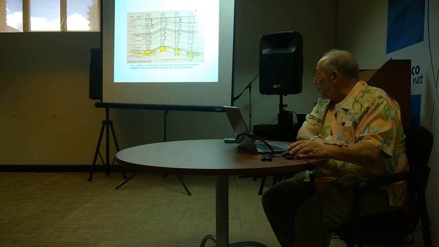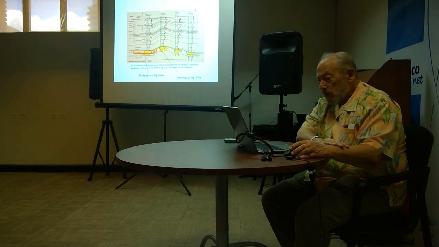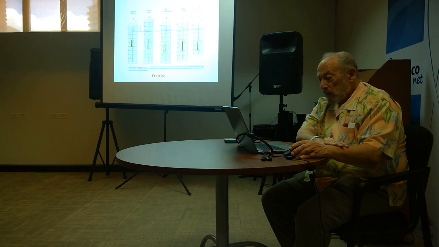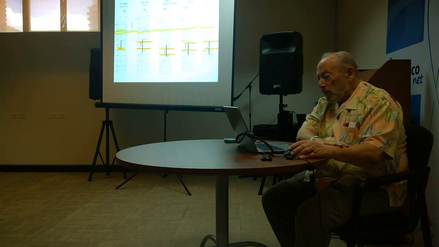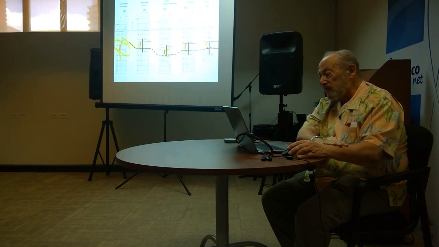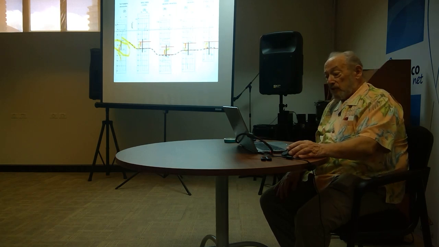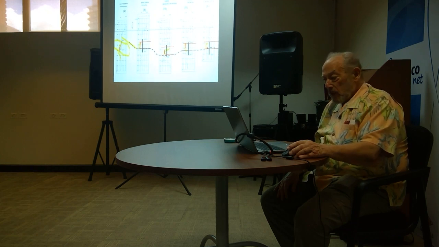So what you see in this cartoon is pretty much what you see there. So we can safely put the base of the incised valley here. These are all fluvial deposits, by the way. Incised valley fill fluvial deposits.